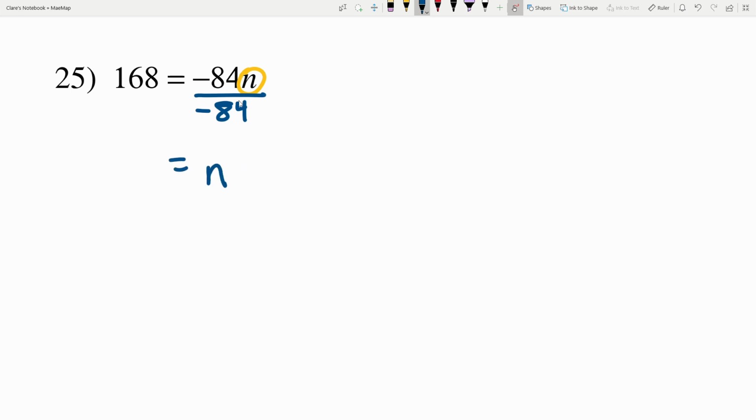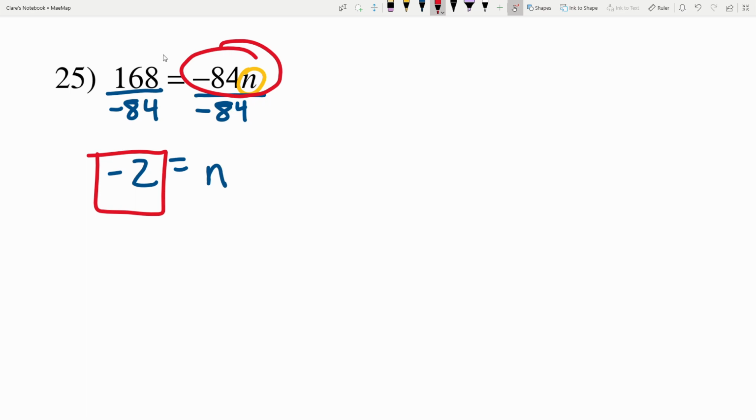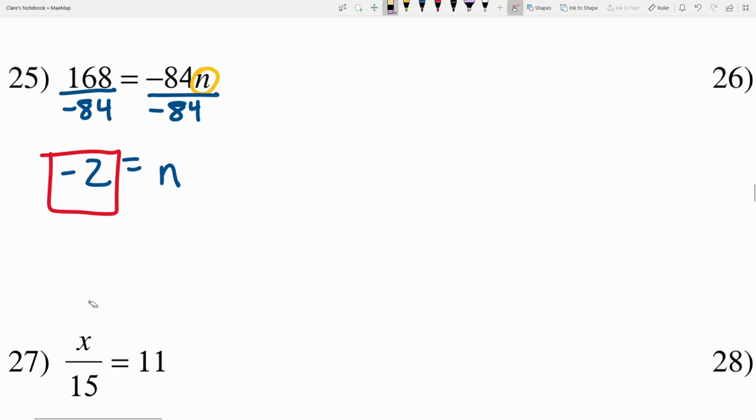Now whatever I do to the right, I need to do to the left, so I'll also divide 168 by negative 84. A positive divided by a negative is going to result in a negative. And 168 divided by 84 is 2, so that's going to be negative 2 as my value for n in number 25. So negative 84 times negative 2 equals a positive 168.